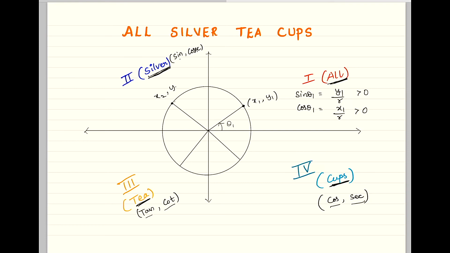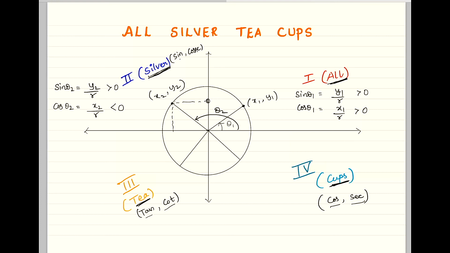Next let's take this point x2 comma y2. This is the corresponding angle theta 2, right? So sin theta 2 is y2 by r. The y coordinate is positive, right? It's on the positive y axis, so y2 is positive, r is positive, sin theta 2 is positive. Sin is positive in the second quadrant. What about cos? Cos theta 2 is x2 by r. The x coordinate is negative and radius is positive, so cos is negative.